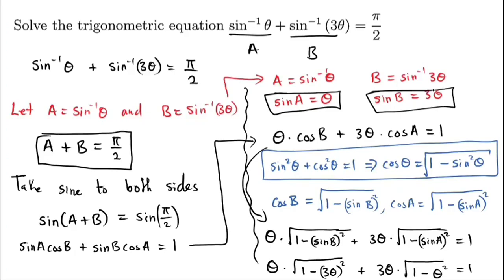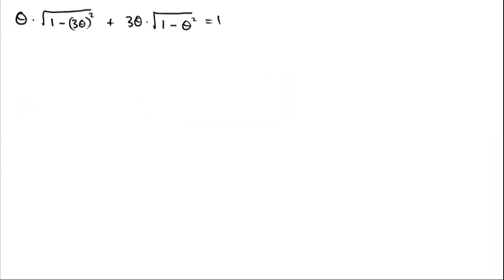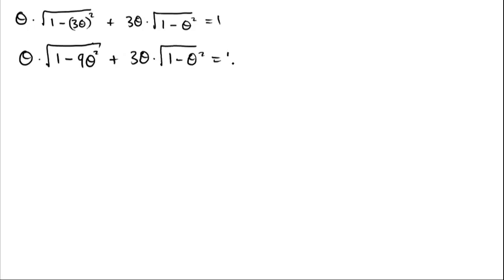All this is equal to 1. If we simplify this, we can say theta times the square root of 1 minus 9 theta squared, plus 3 theta multiplied by, as it is, 1 minus theta squared. All this is equal to 1.